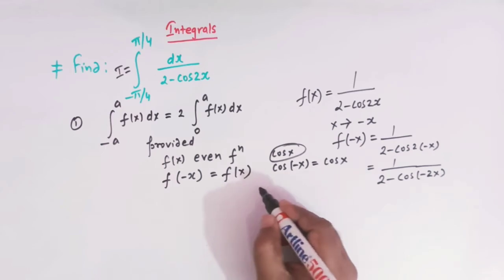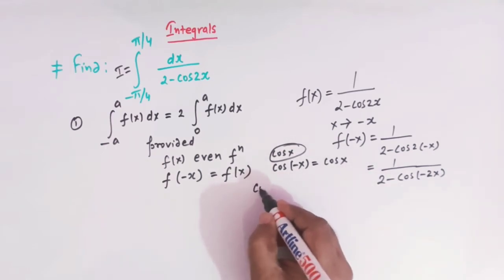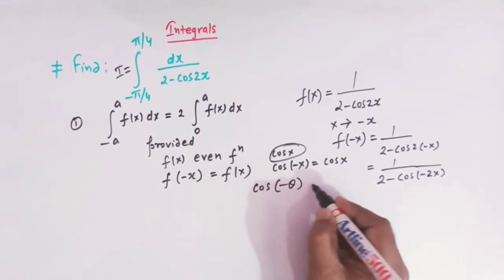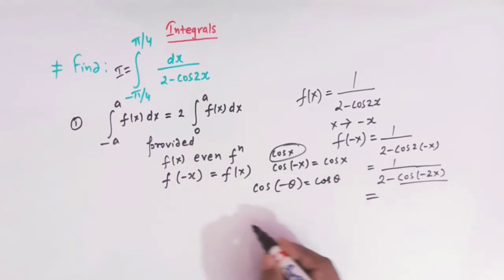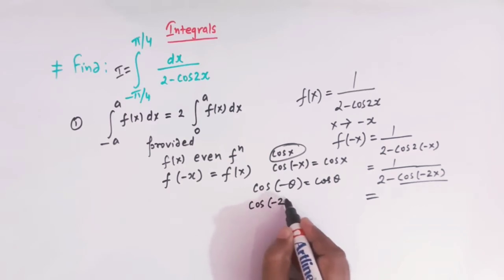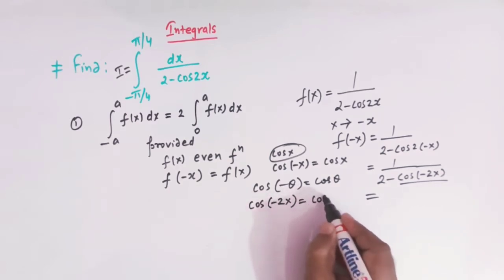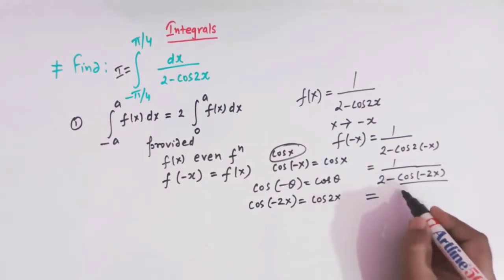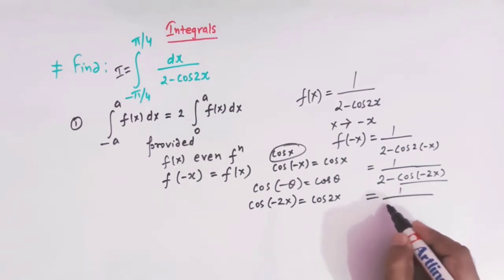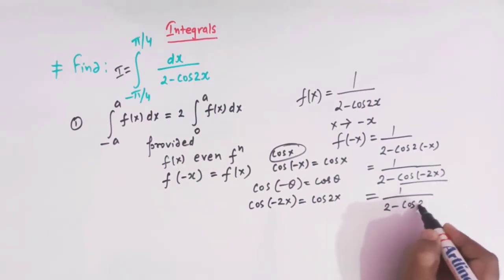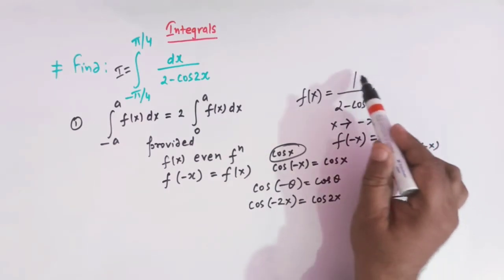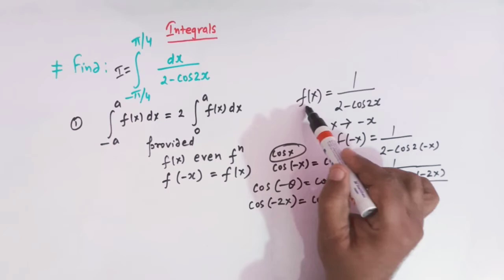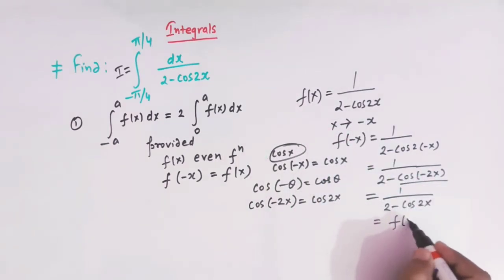From trigonometry we know that cosine of minus theta is equal to cos theta, so cos of minus 2x is equal to cos of 2x. So we have 1 over 2 minus cos of 2x, and we have again got the same function, that is f of x.